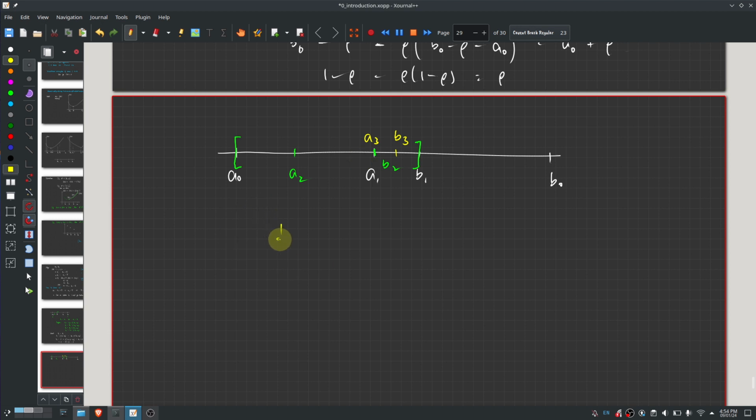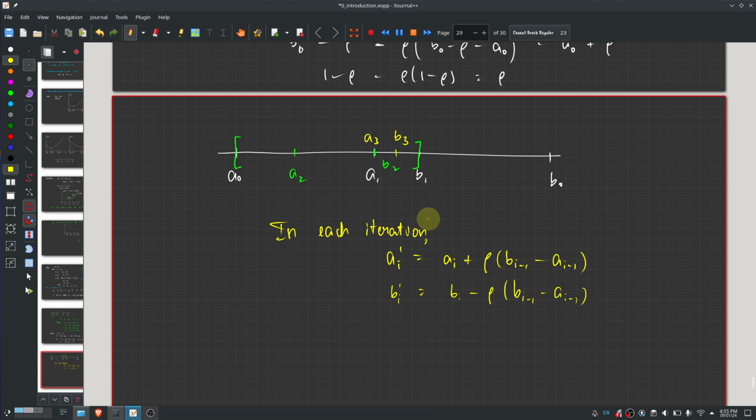So in each iteration, I am taking ai prime to be equal to ai plus rho times (bi minus 1 minus ai minus 1), and bi prime to be equal to bi minus rho times (bi minus 1 minus ai minus 1).